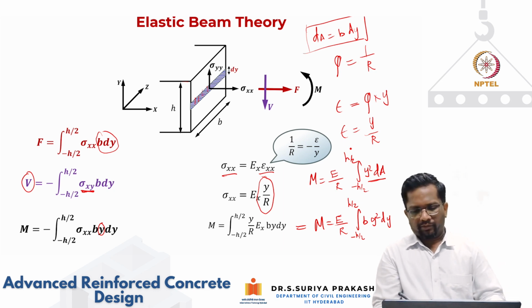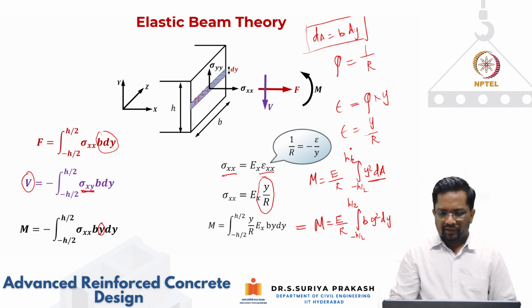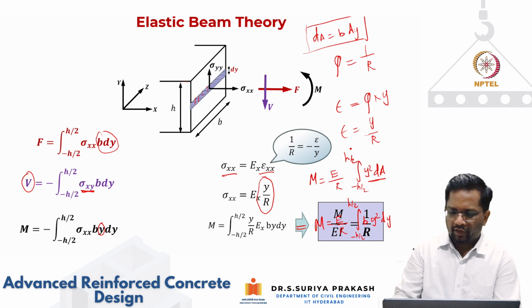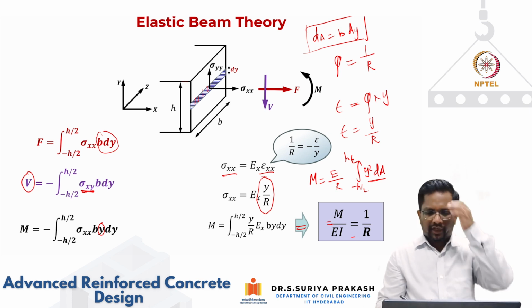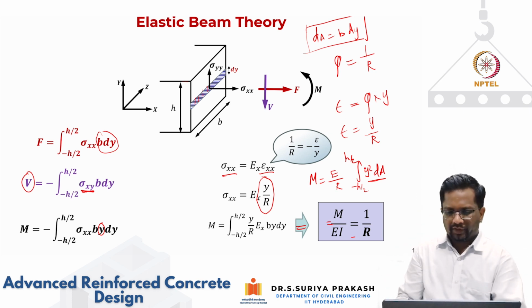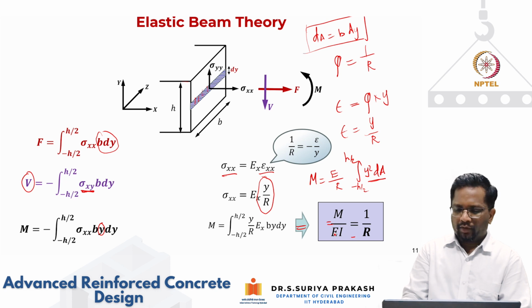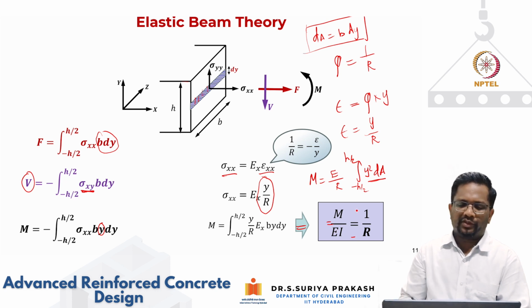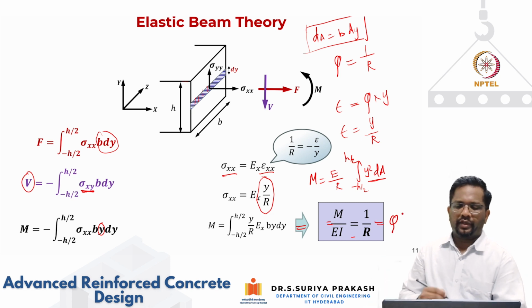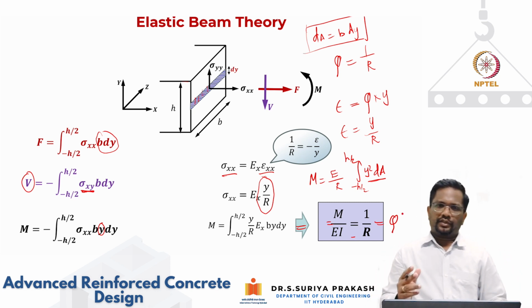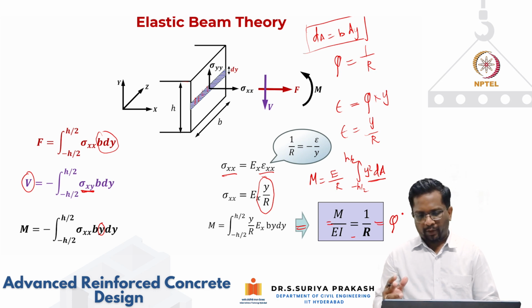So from this we can relate M, putting y square dA as the moment of inertia I. Then M by EI can be expressed as 1 by r, which is nothing but your curvature. So this is the relationship between moment and curvature.